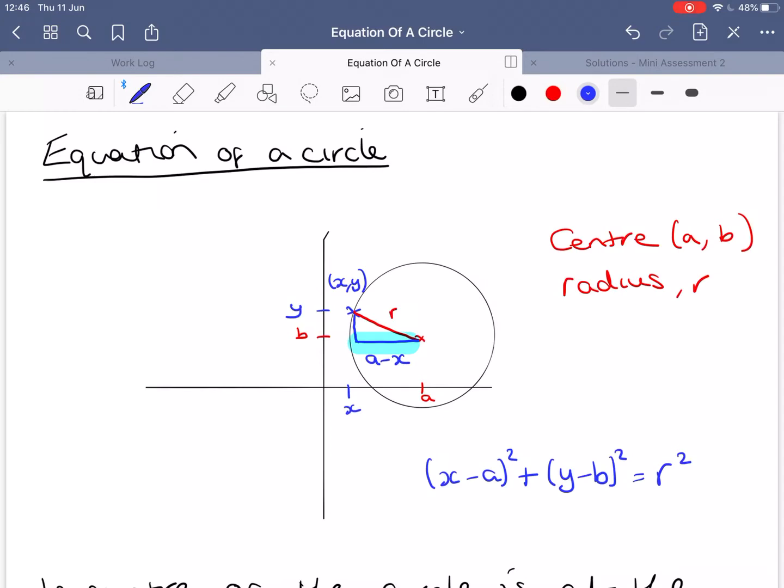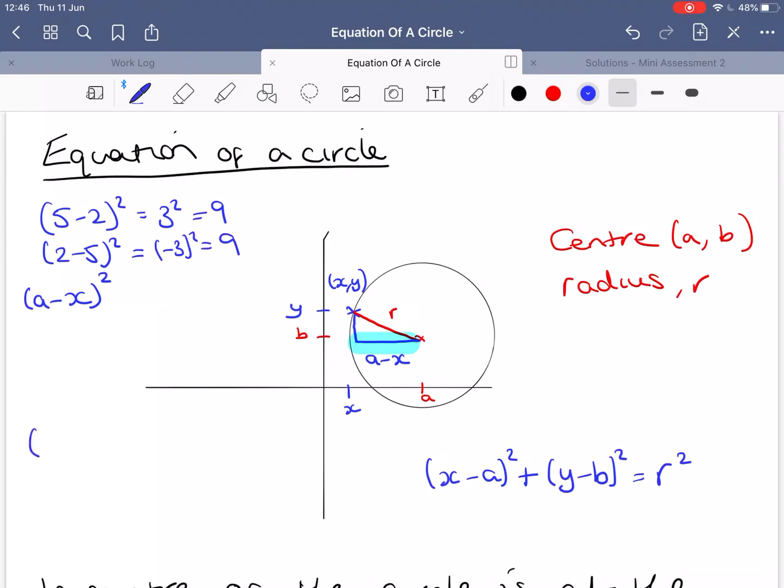But let's think about what happens when I do a take away x squared. Let's have an example with some numbers. If I had 5 take away 2 squared, that would make 3 squared, which would be 9. What happens if I had 2 take away 5 squared? Well, that would be minus 3 squared, which would just be 9.